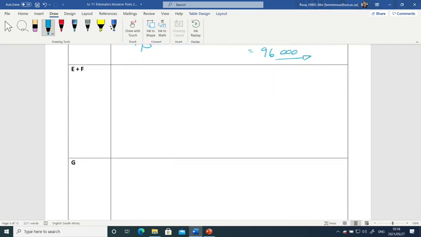The return equals your net profit divided by your owner's equity. They gave us the net profit, 126,000. We want to know the owner's equity. And they said that this is 28%.